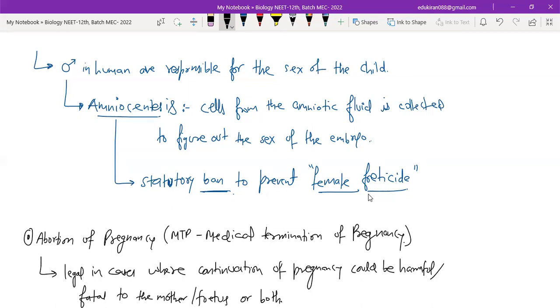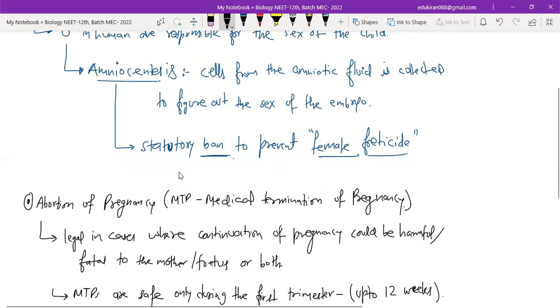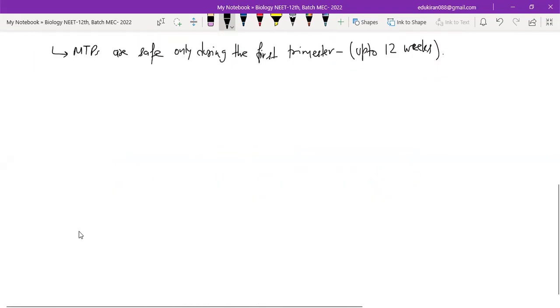Okay, so we understood how sex can be determined and what is one issue associated with it, which is female feticide, and then MTP. But if I ask you, let's say everyone in the society is reproductively healthy, is it a good thing for the society?